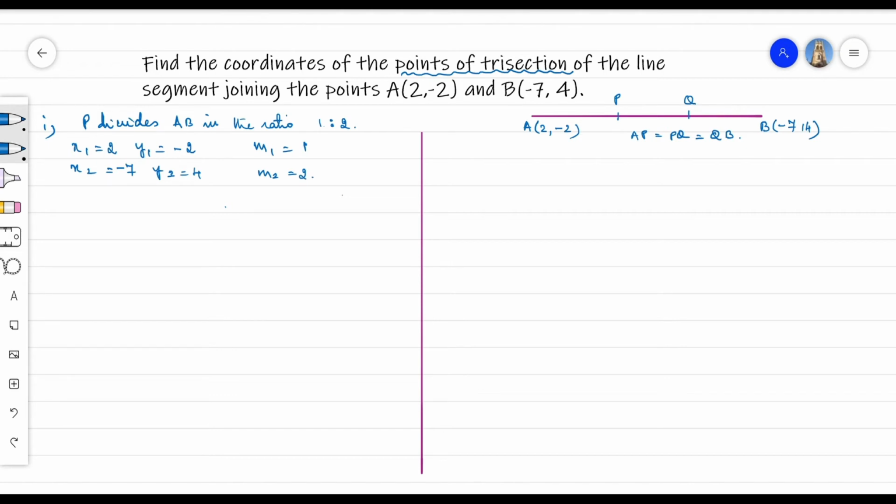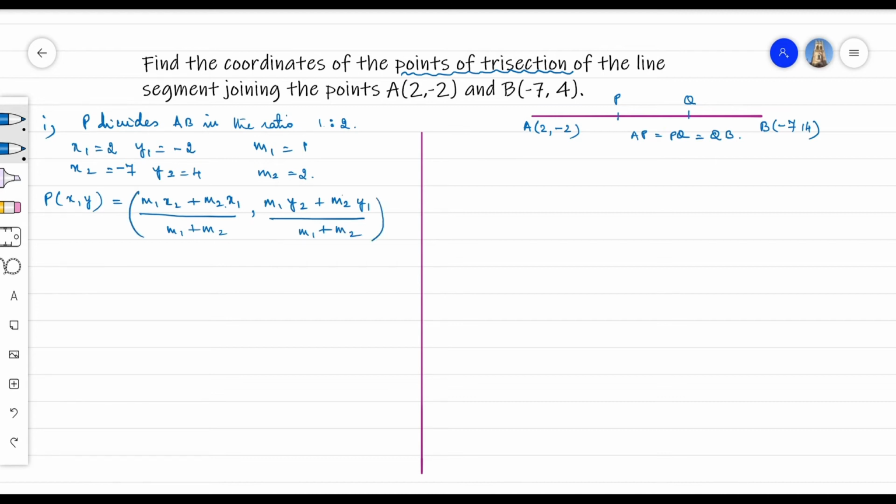Let us write the formula. The coordinates of P(x, y) is equal to m1 x2 plus m2 x1 divided by m1 plus m2 and m1 y2 plus m2 y1 divided by m1 plus m2.